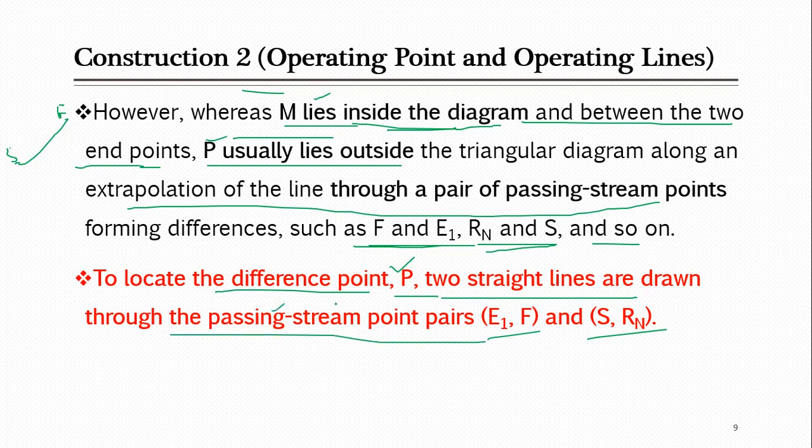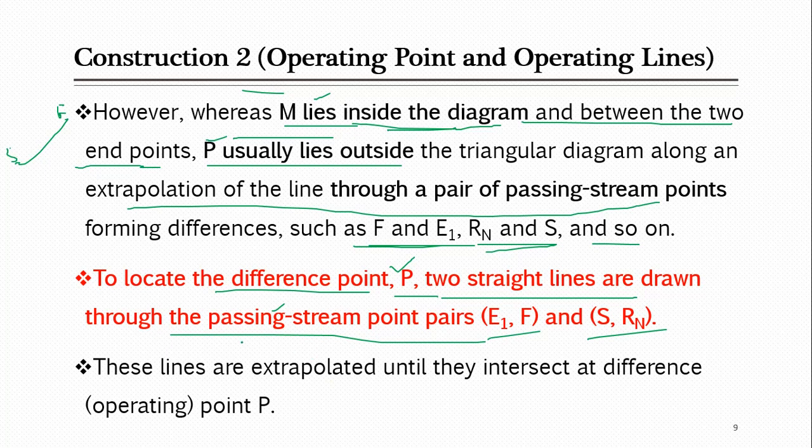They are called passing stream points, one pair is E1 and F and the other pair is S and Rn. You draw the two straight lines and these two lines are extrapolated until they intersect each other, and that intersection point will be the operating point.